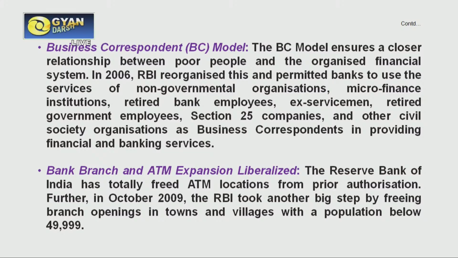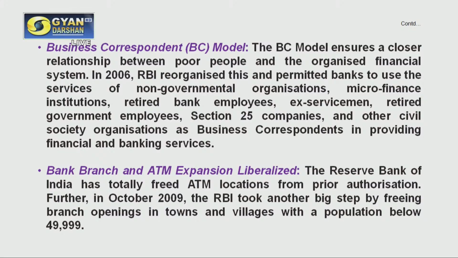In 2006, RBI permitted banks to use the services of non-governmental organizations, microfinance institutions, retired bank employees, ex-servicemen, retired government employees, Section 25 companies and other civil society organizations as business correspondents in providing financial and banking services.